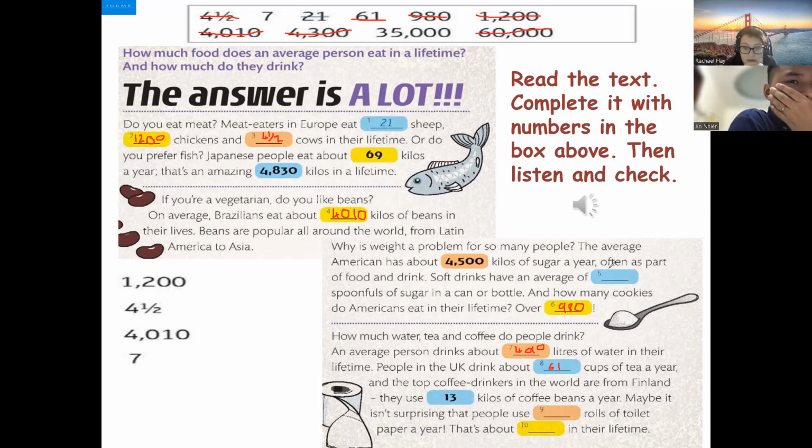Okay, so that is 7. Okay. How many cookies? Americans eat over 35,000 cookies in their lifetime. Okay, so that's 35,000. An average person drinks about 60,000 liters of water. So this is 60,000. People in the UK drink about 980 cups of tea a year.